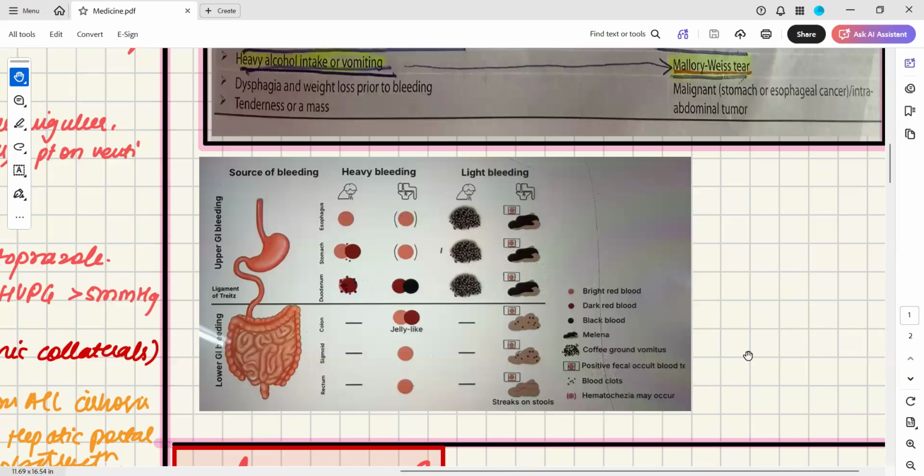Apart from these two main symptoms, hematemesis and melena, the patient can also present with a variety of different symptoms. Based on the associated symptoms, we can pin down the cause of gastric bleeding, as shown in the upper table.